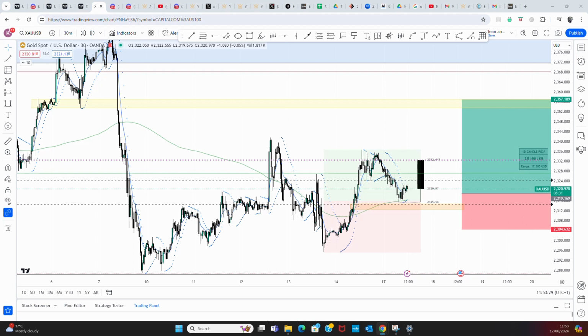There are equal lows to be taken, and at the same time we have swing highs as points of interest. Yeah, the 1 hour is really making it clear for me now, so keep an eye out on the 1 hour.